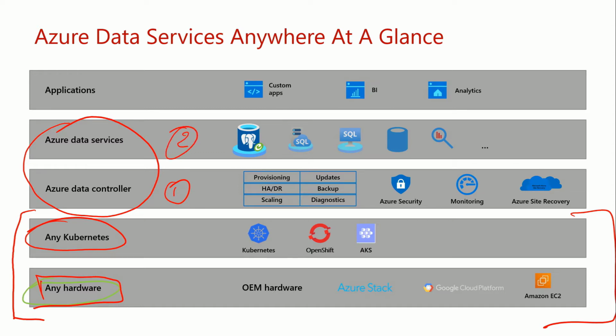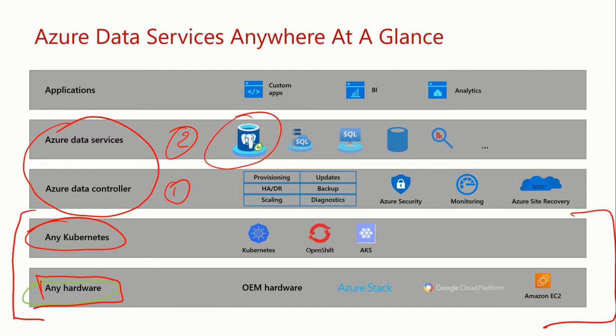The data controller is the platform and the framework that provides the canonical capabilities of the database engine. It's a platform that supports the database engines and provides things like provisioning, update and patching, high availability, disaster recovery, all those things. Right? On top of that, you run the database engine.